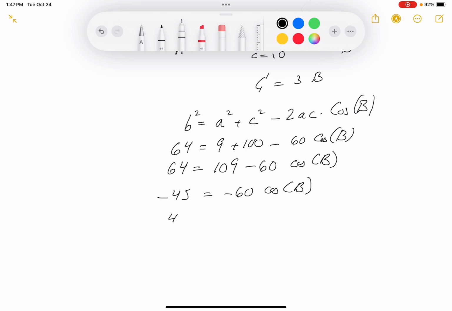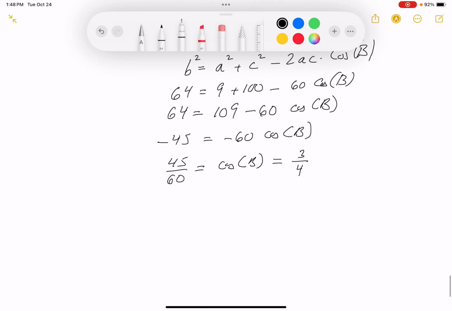What do you get over there? You would get 45 over 60 is cosine of B. And cosine of B, just reducing it by 15, you'd get 3/4. All right? Now, by the way, I'm not sure if that really helps here. Let me see if I made a mistake somewhere. I think I did okay. I think cosine B is 3/4.